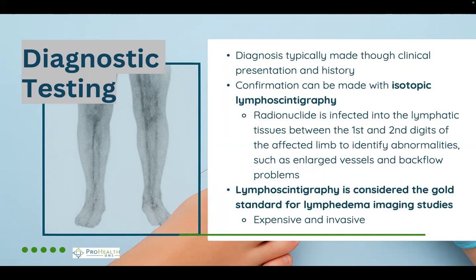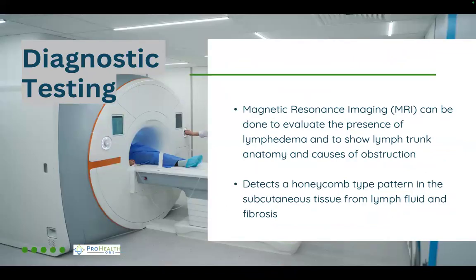If you're thinking of it more from an academic standpoint, there is a test that you can do for lymphedema, which is lymphoscintigraphy. Another diagnostic test you can do is an MRI, to evaluate the lymphatic trunk anatomy and see where any obstruction is occurring.